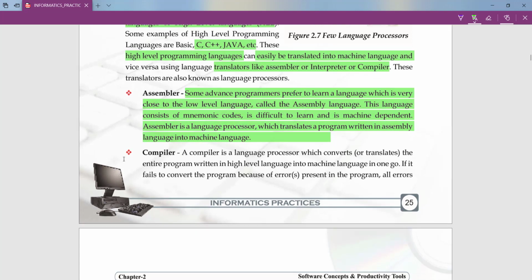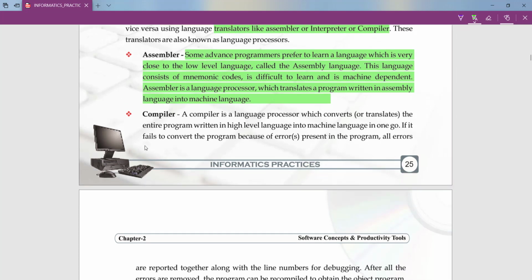Now we understand the compiler. So the next side heading is compiler. A compiler is also a translator and it has the same work. It also converts the high level language program into machine language. But there is a difference between the compiler and assembler.